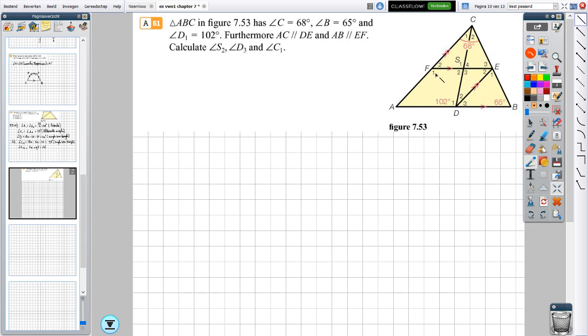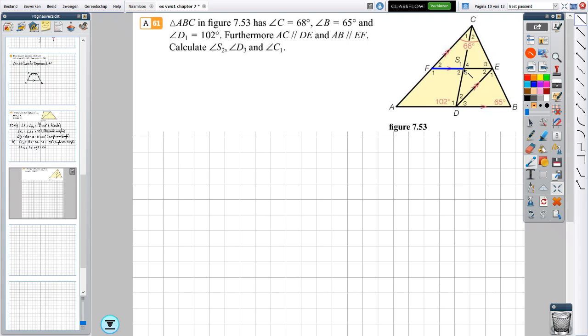And I'm going to sometimes draw in this drawing to show you a bit more where corresponding and alternate angles occur. For angle S2, the way I would calculate this one is, say, I'm not going to use red because it's already in that picture.